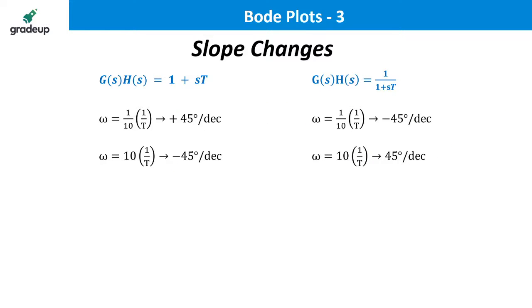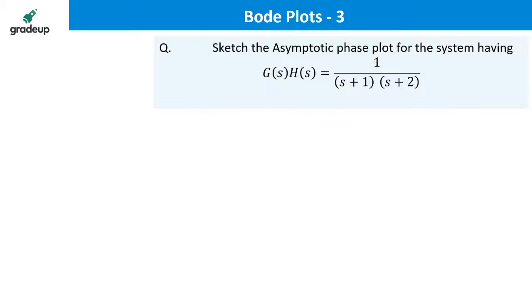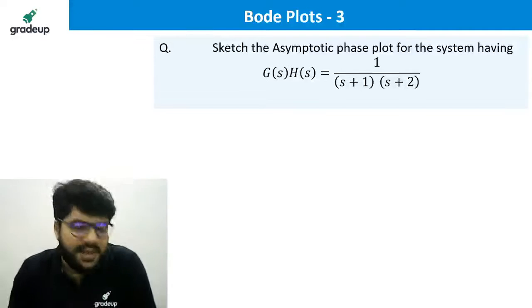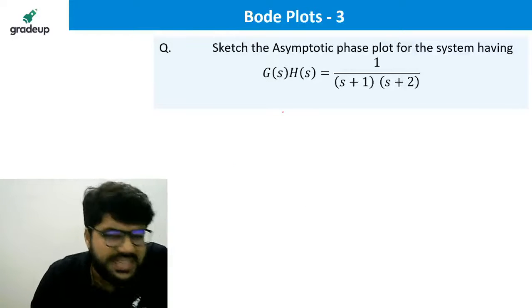Next, final slope changes point. Let's do one sketching example and then look into some competitive questions.